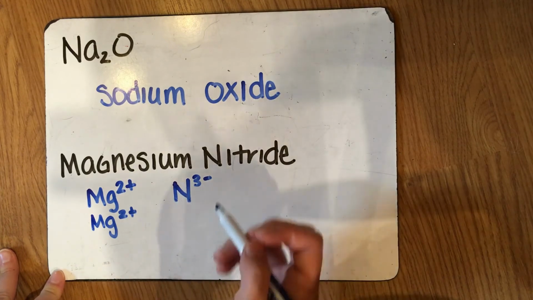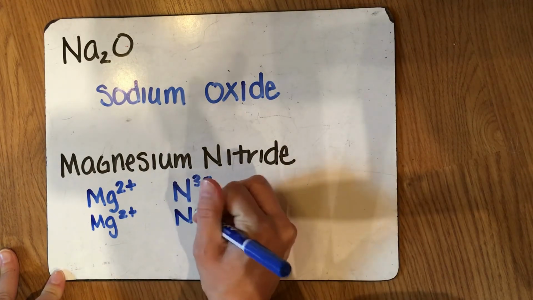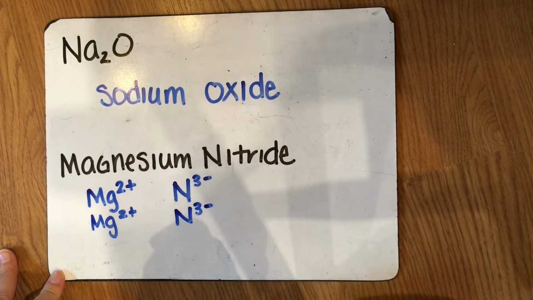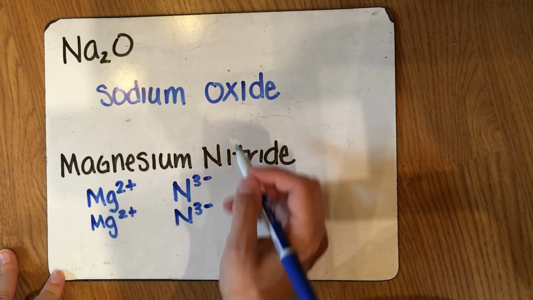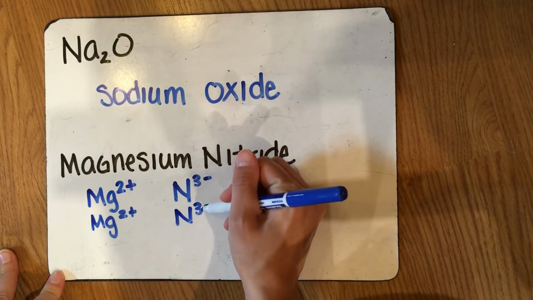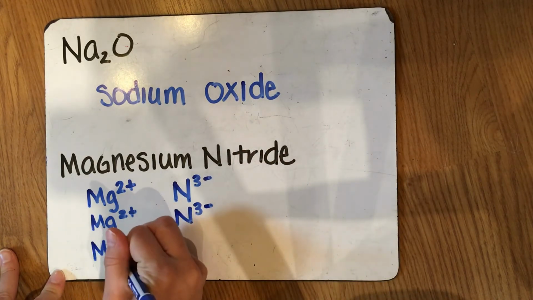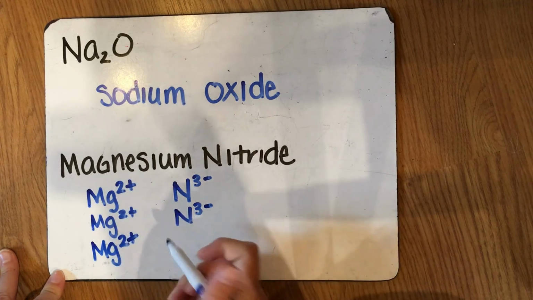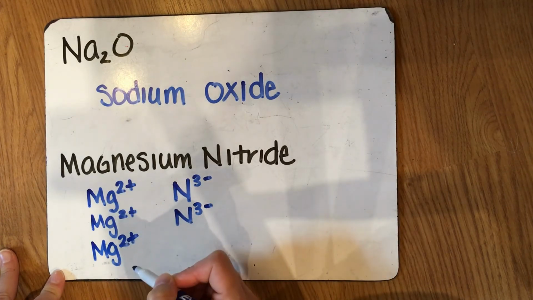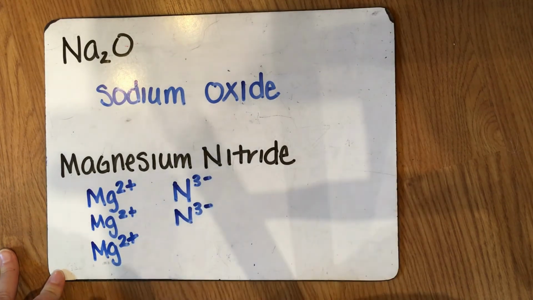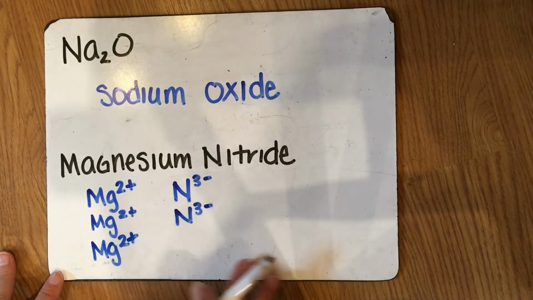So now I don't have enough negative charges. I'm going to add another nitrogen. Okay, so I still have 4 positive charges, but now I have 6 negative charges. So I need to add another magnesium now because that one doesn't have enough. So now I have 2, 4, 6 positives and 3, 6 negatives. So those cancel each other out.